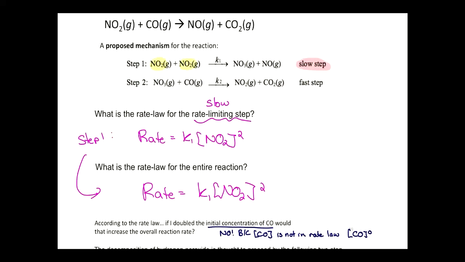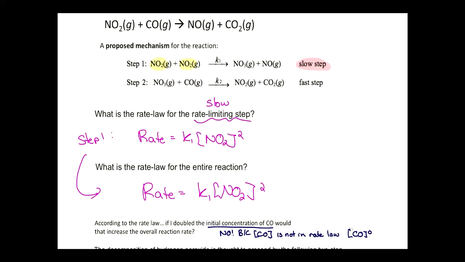All right, so let's put it all together. Based upon the rate law that we just got, and looking at the reaction that's happening, we're combining NO2 and carbon monoxide and getting products. What if I doubled the amount of carbon monoxide in my reaction? How would the reaction rate change? Will it change? It won't. No, because just like before, CO isn't in our rate law.